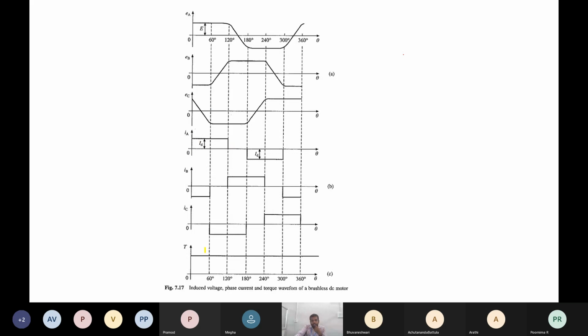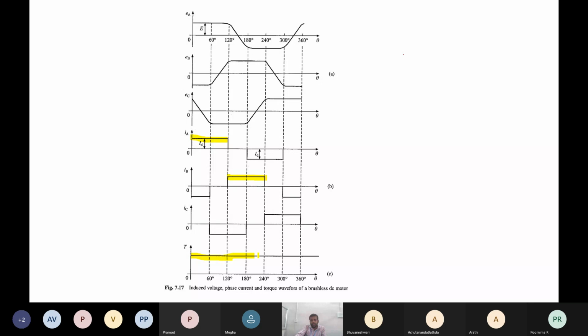So how is torque directly proportional to ID? So this is our ID. This constant current ID made the torque constant here. In the next cycle, IB made ID constant. So in the first cycle, IA made ID constant. In the next cycle, IB made ID constant.